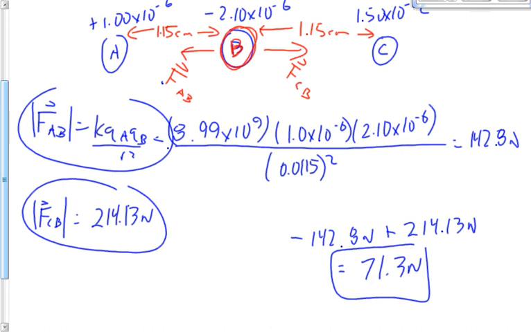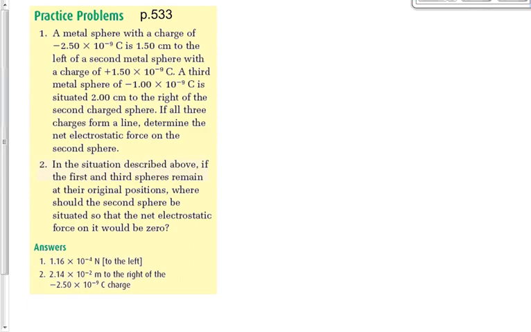All right, that's pretty much it for the day for us. We do have some homework to do, and the homework that we want to do, page 533, I'm going to give you question number 1. Number 2, if you really want a challenge question, try question number 2. It's a good one. But it's beyond what you would have to do on a unit test or a diploma exam, but it does get the mind thinking.